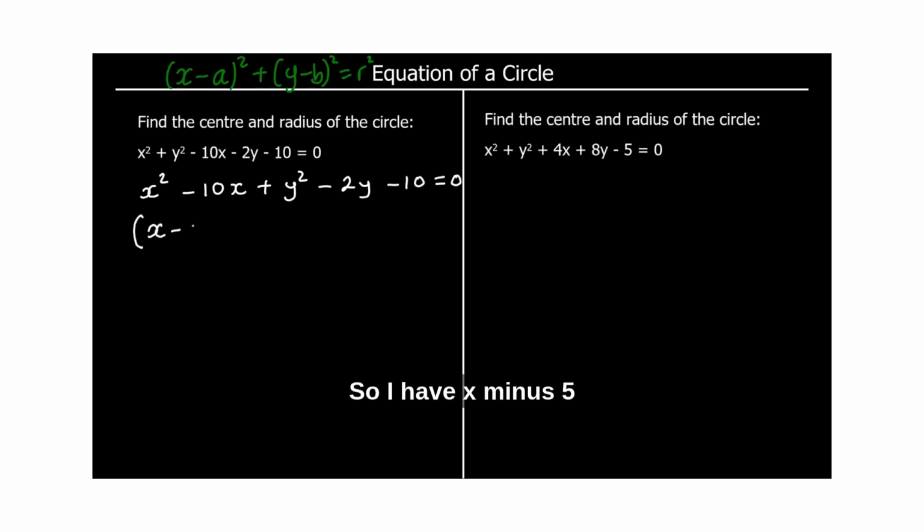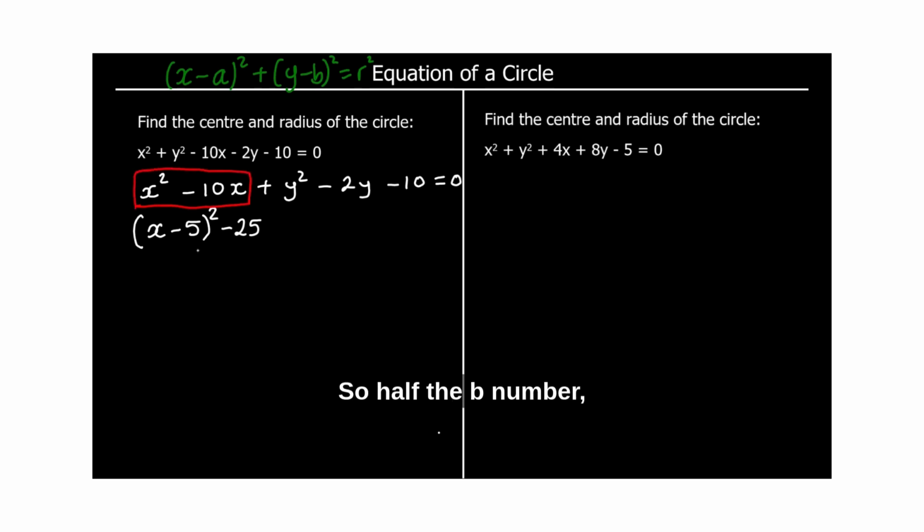So I have (x minus 5) squared. And (x minus 5) squared, if I did expand it, I'll have x squared minus 10x plus 25. I don't want the 25, so I need to take it away. So I've just completed the square on just the x's part.